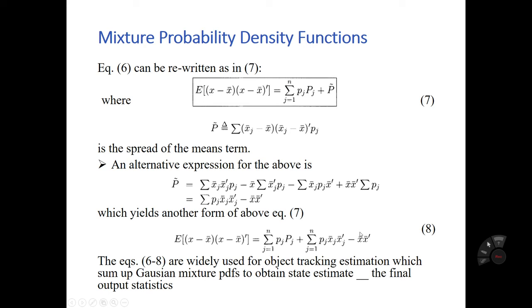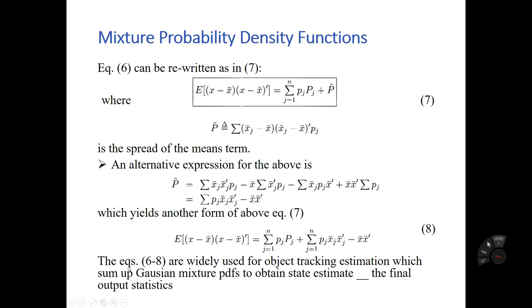So here there is no summation; here summation, here summation. But here no summation, because we have already calculated the value here.